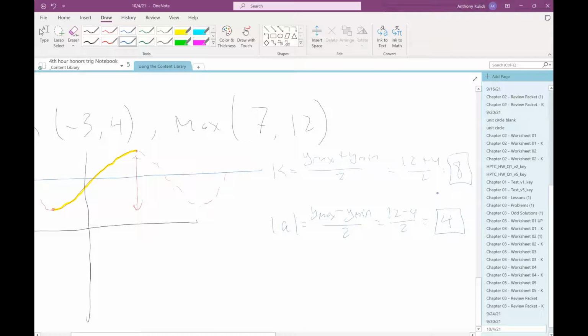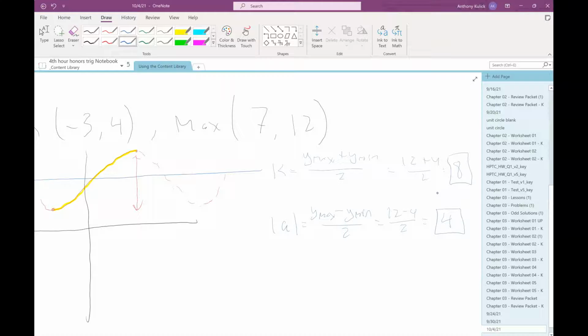Everybody's okay with that? Right? If I want to know how far it is from 4 to 8, well, I have to do 8 minus 4, right? So I'm subtracting. You guys good?